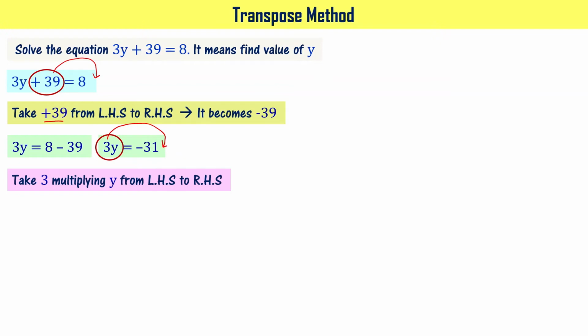But the thing you have to note here is, since 3 is multiplying on left hand side, when it comes onto the right hand side, it has to divide on the right hand side. It means it is going to divide minus 31, so that I can write it as y equal to minus 31 by 3. I hope you understood what does it mean by transposing, right?